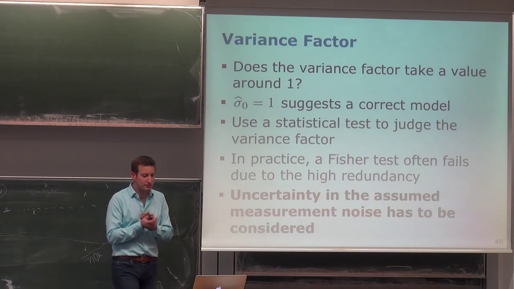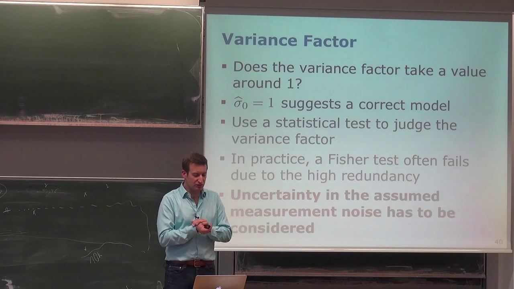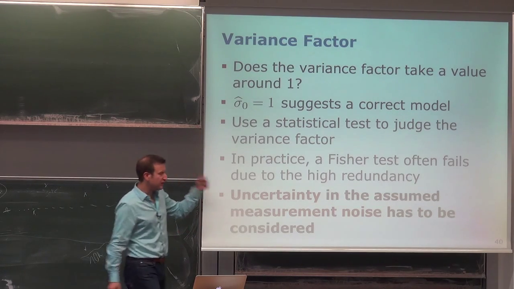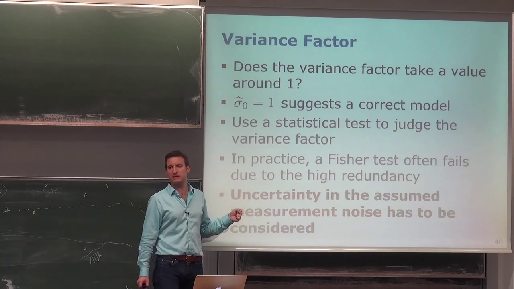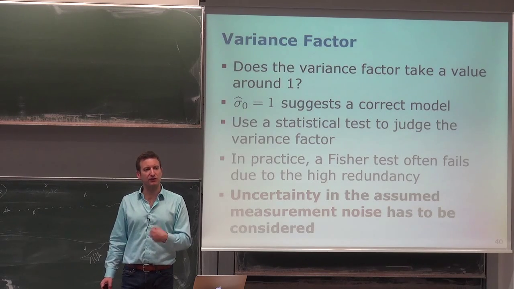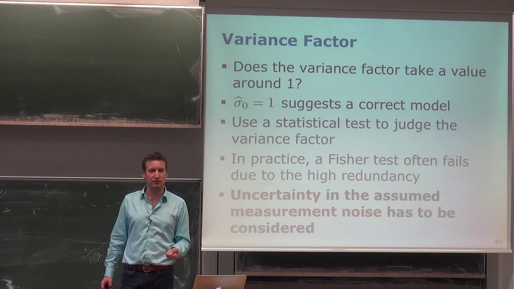So what I need to do, I need to change the parameters in my F-test to consider that I have uncertainty in my measurement noise. So my measurement noise is not precise. So I have an uncertainty about the uncertainty in the process.